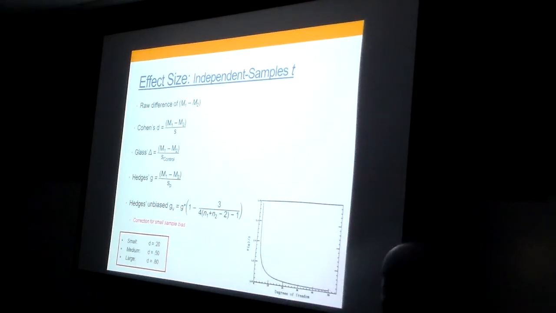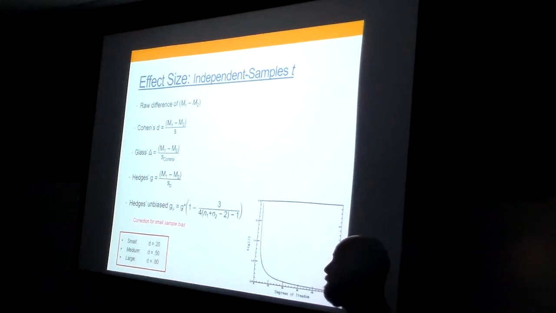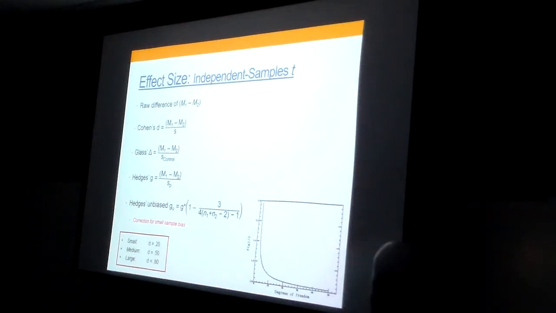When you should be using this is sort of up to you. If you've got a test that has 20 degrees of freedom, it might be worth calculating that, knowing that Hedges G is going to overestimate our effect size. Why are we worried about overestimating our effect size?